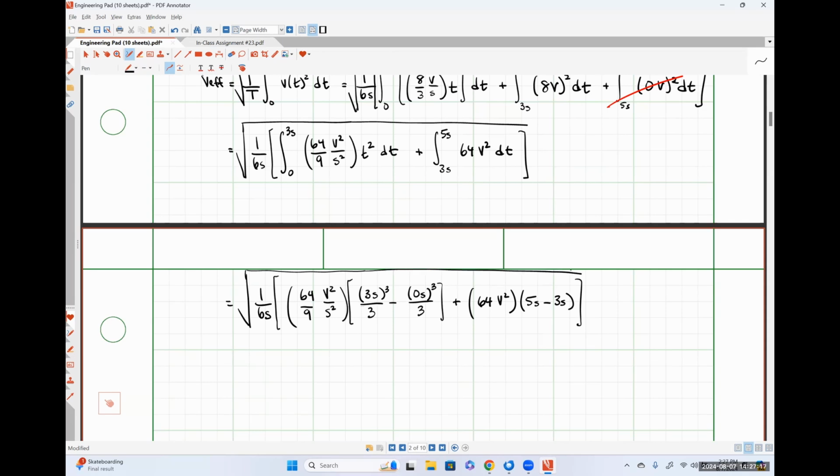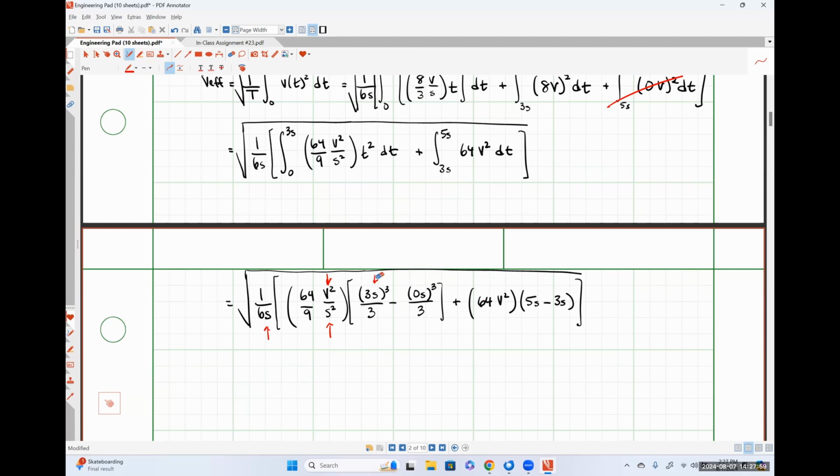So a good thing that we could do right here to make sure that we've done our integration correctly is to take a quick look at what our units are going to look like, right? So in the numerator, we have a volt squared times seconds cubed. And down here in the denominator, we have seconds squared multiplied by seconds is seconds cubed. So we're going to have volt squared times seconds cubed over seconds cubed is just going to look like volt squared.